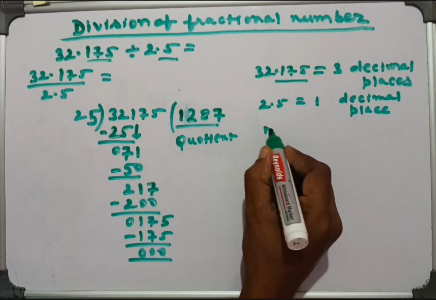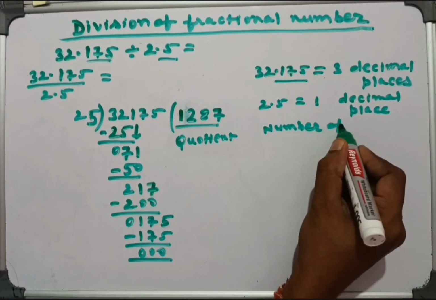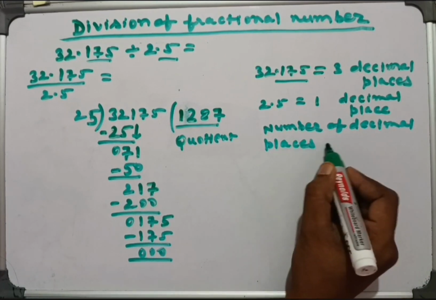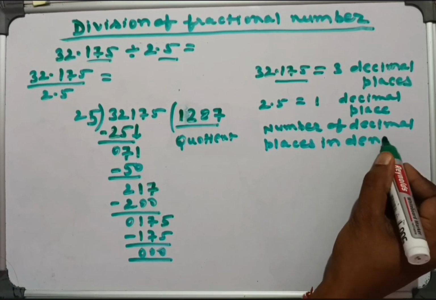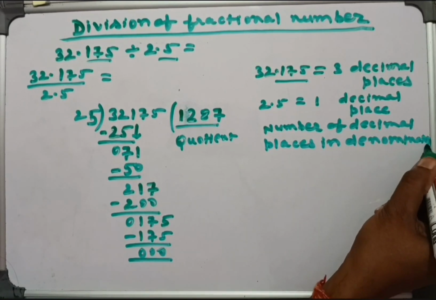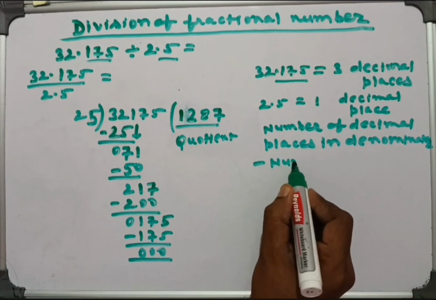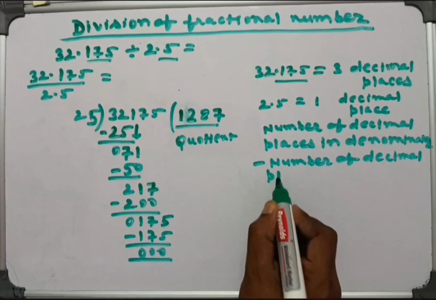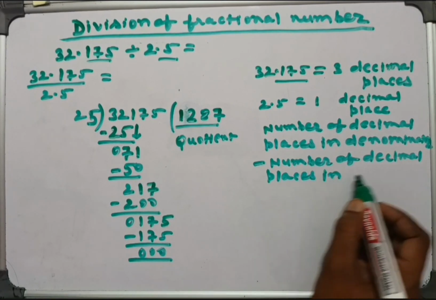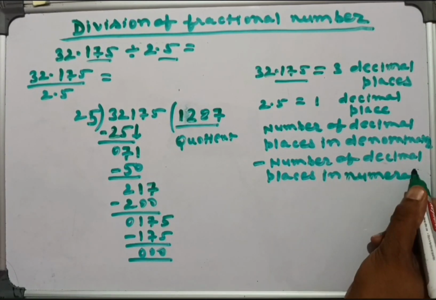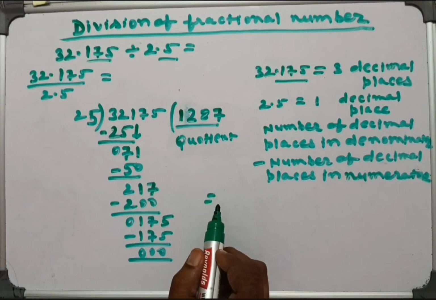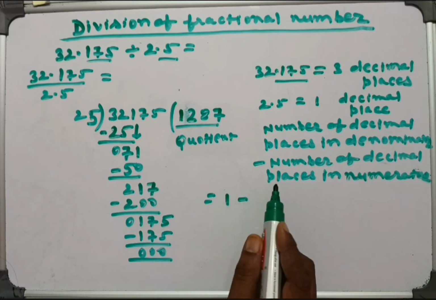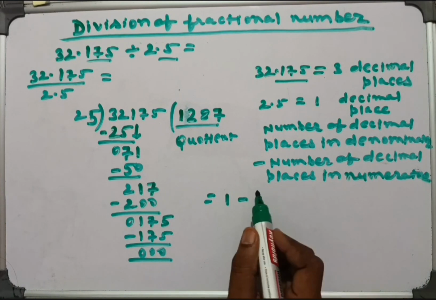The formula is: number of decimal places in the denominator minus number of decimal places in the numerator. In the denominator the decimal place count is 1, and you subtract the numerator decimal places from it.